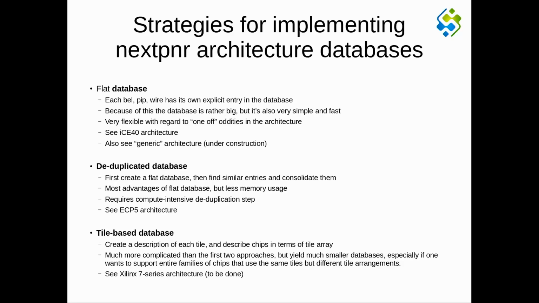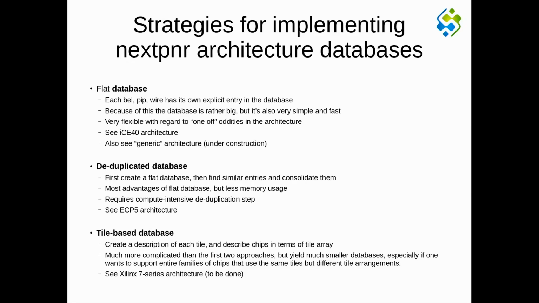So the three methods that we think are relevant are, first, a completely flat database. That means we have an explicit entry in our database somewhere for each and every wire, for each and every pip and each and every bel in our device. And that means if the device is twice as large, the database is twice as large.